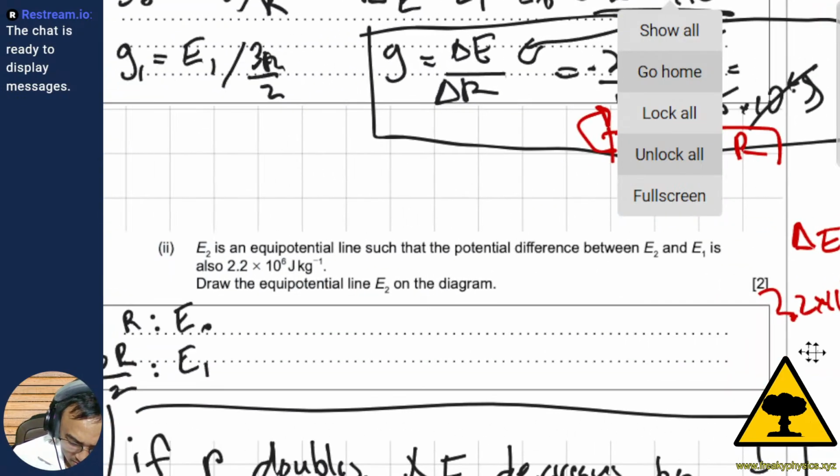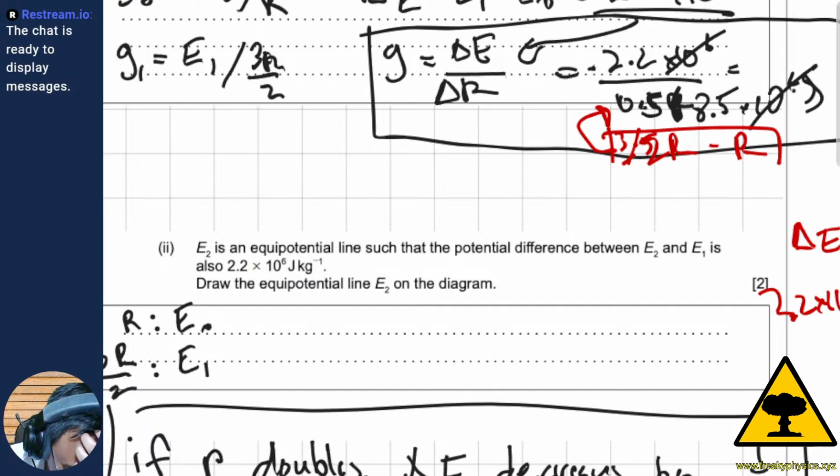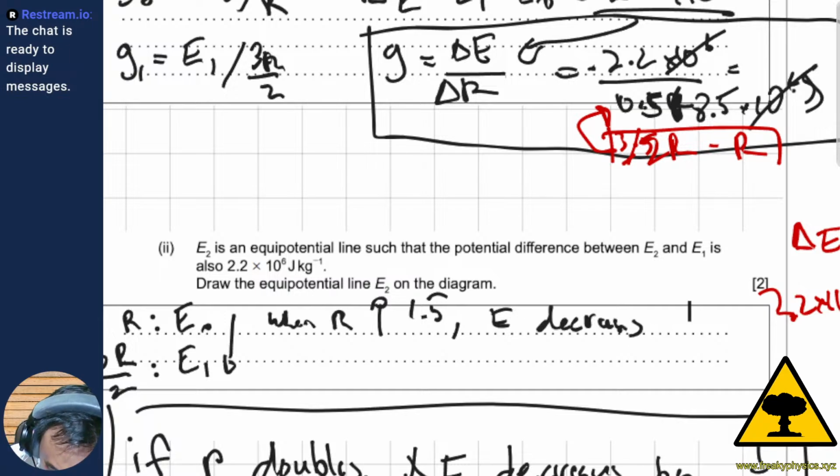So going back here, okay, let's reason it out now. When R increases by 1.5, E decreases by what was that? 2.2 times 10 to the 6, right?